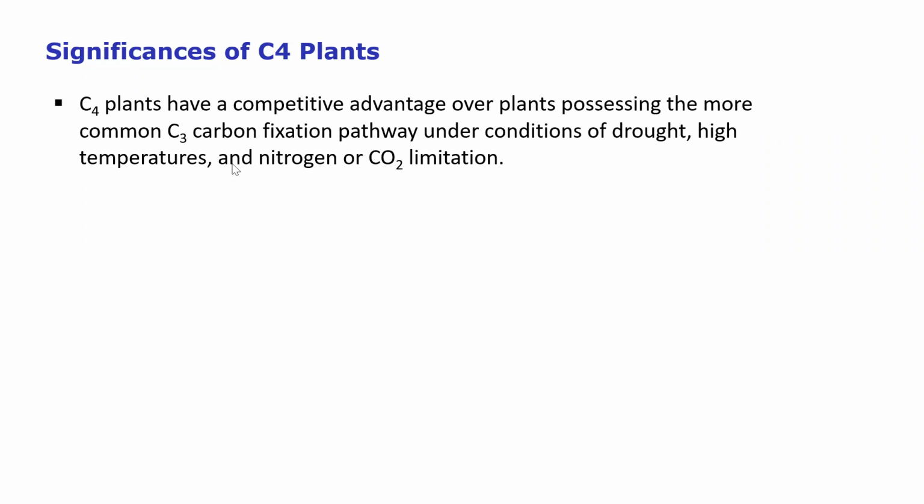Why are C4 plants more efficient in comparison to C3 plants? Now let's try to understand. You see, in C4 plants, what happens? The Rubisco enzyme is completely protected. Now let me tell you that the CO2 is being fixed by the RuBP carboxylase enzyme, Rubisco.